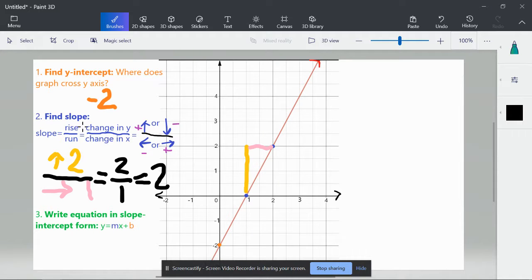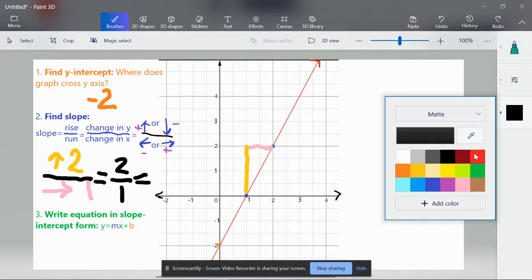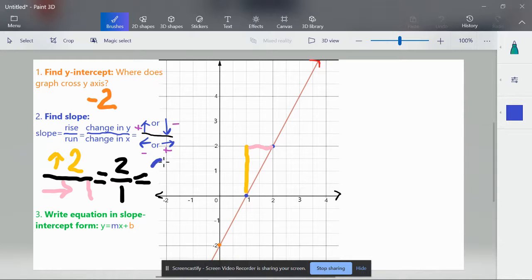So we found our y-intercept and we found our slope. Actually, I'm going to write slope with the same color. Now that we found our y-intercept and our slope, we need to write it in slope-intercept form.